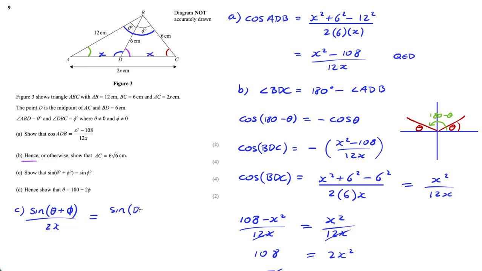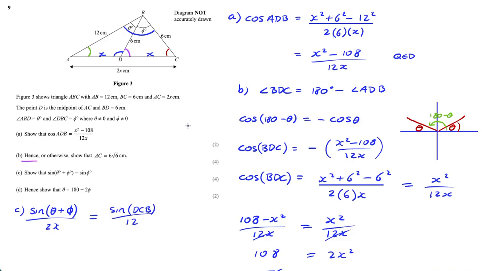Let's just call it DCB for now. So sine DCB over, sorry, that's not over 6, it's over 12 because I'm doing the big triangle. So big triangle, this over 2x over big side equals sine of this over this side.